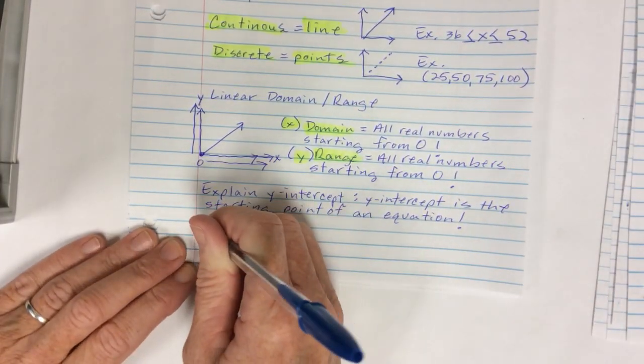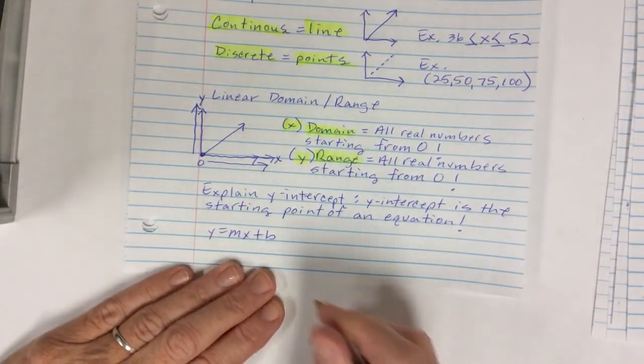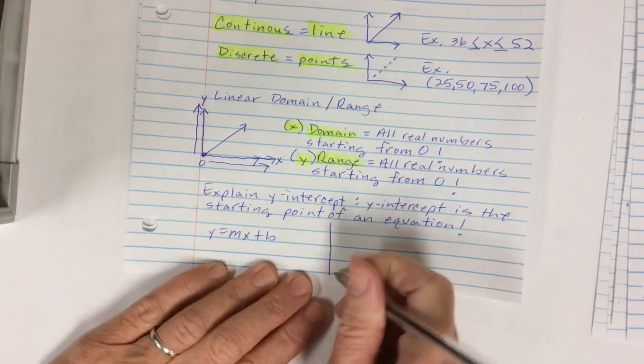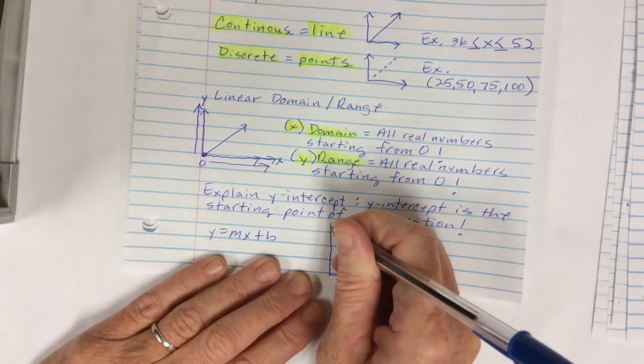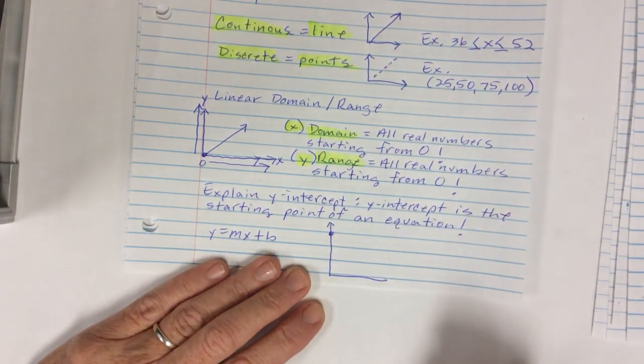So we know y equals mx plus b is our equation. And we know it would cross the y-axis. It would start on the y-axis.